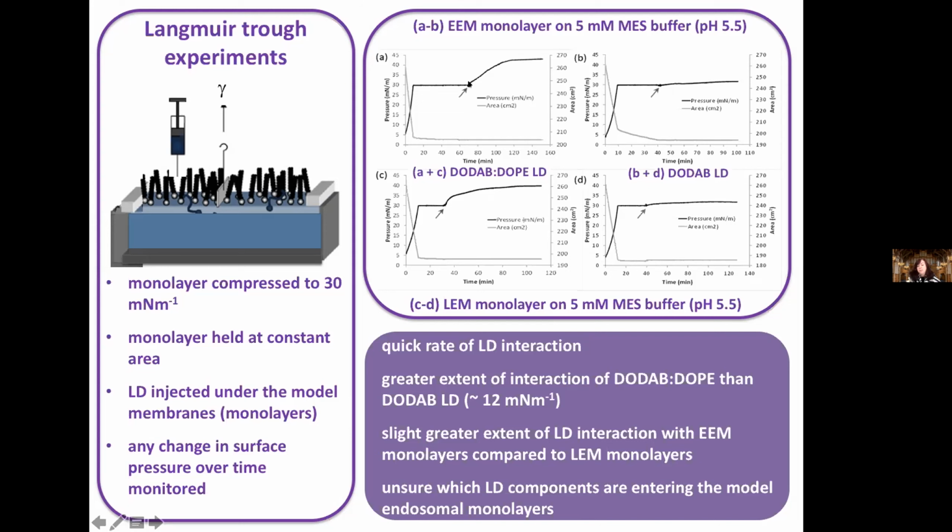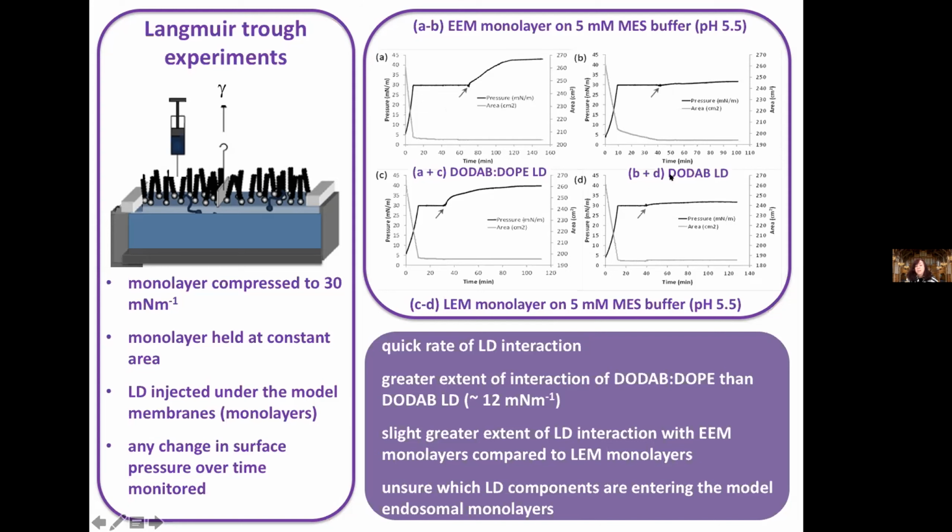Once we've got that, we inject, indicated by the arrow, the lipoplexes, and you can see straight away there's some interaction between this particular lipoplex and the membrane. So the top 2 graphs represent the early endosomal membrane, the bottom 2 the late endosomal membrane, and lipoplexes with DOPE and without DOPE.